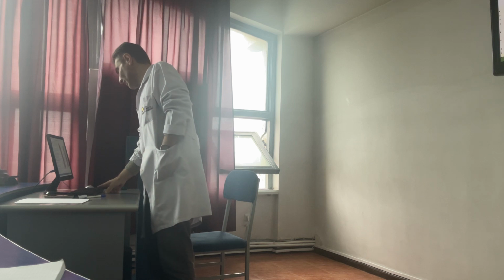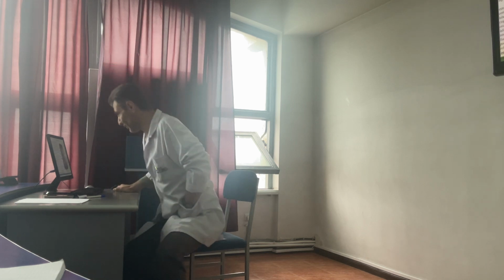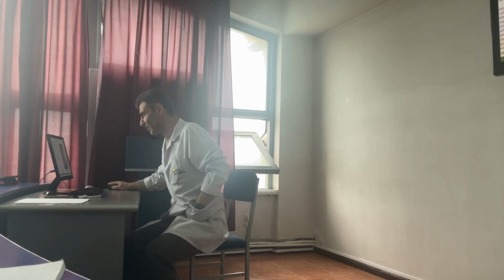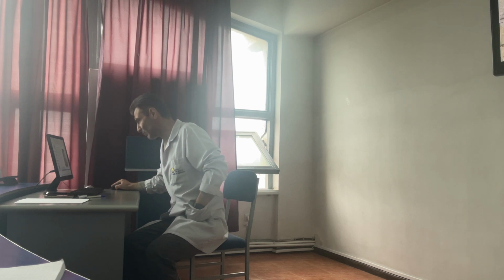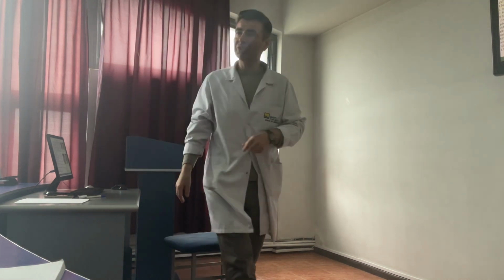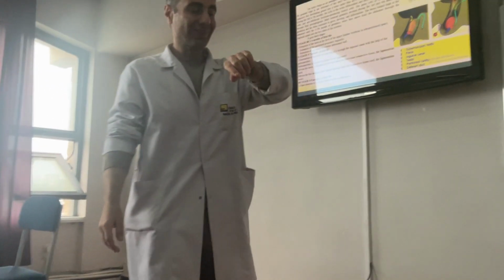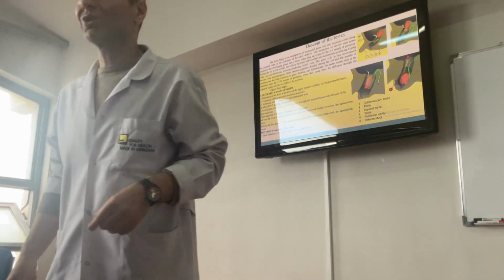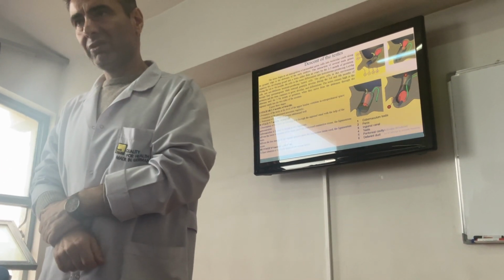Now we need attention, everybody. Let's start to speak about the descent of the testis, because it will explain the biomechanism of formation of the inguinal canal. Look please, everybody, at this slide. Our testis originated not inside of the inguinal region.